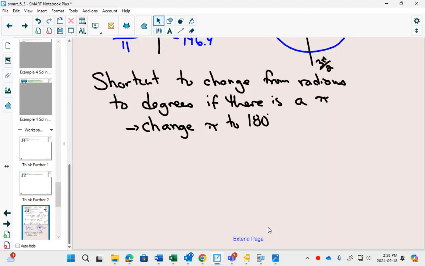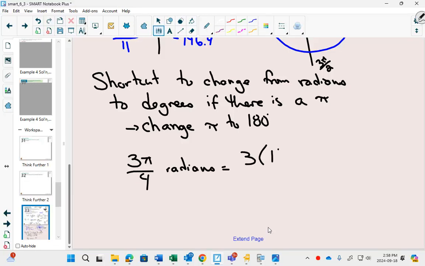So, if we had 3 pi over 4 radians, the shortcut says I can just change the pi to 180 degrees. This will give me 135 degrees. The reasoning why?